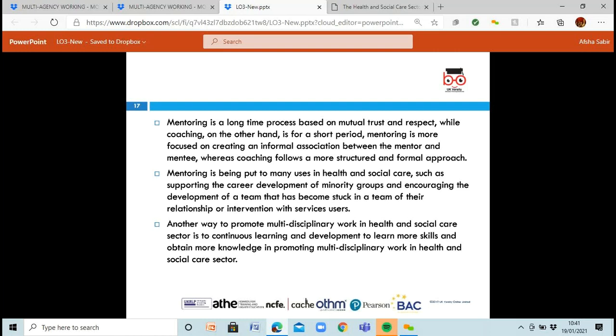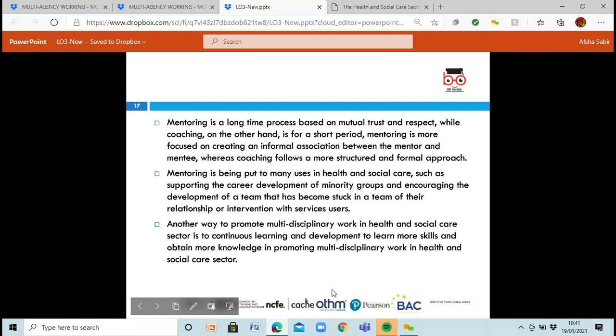It helps to support the career development of minority groups, and it encourages the development of a team. Sometimes you become stuck in a team or a relationship within a team where you're not really learning off each other. When you're getting interventions from other organizations, or somebody else coming in from outside, you're able to learn new skills.